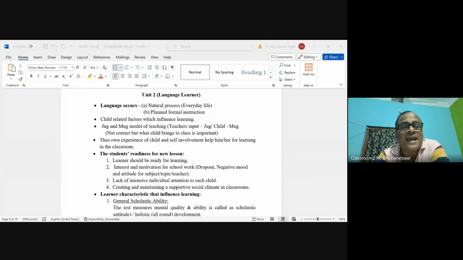Child related factors which influence learning. Child related factors also influence learning. Child related factors means if the child is interested in any activity to participate, then automatically, and now different examinations are there, competitive examinations are there in every class.